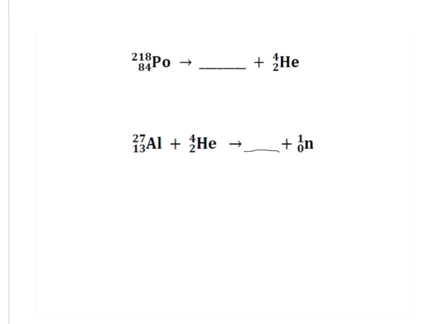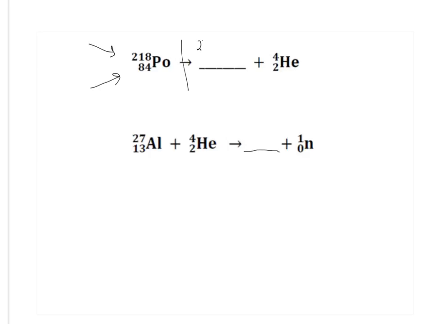Okay, so when you're balancing nuclear equations, you have to make sure your mass number balances and your atomic numbers balance. So it's just subtraction. You have to look at both sides of the arrow. So 218 has to balance out this side. So something plus 4 equals 218.